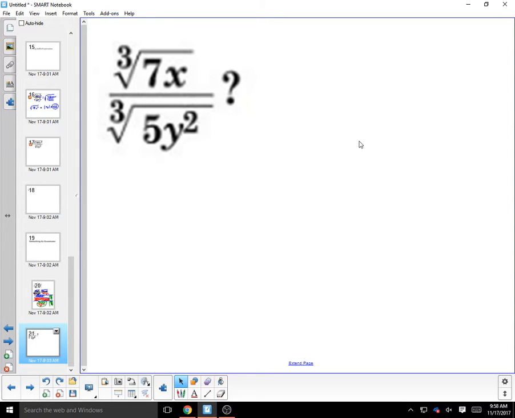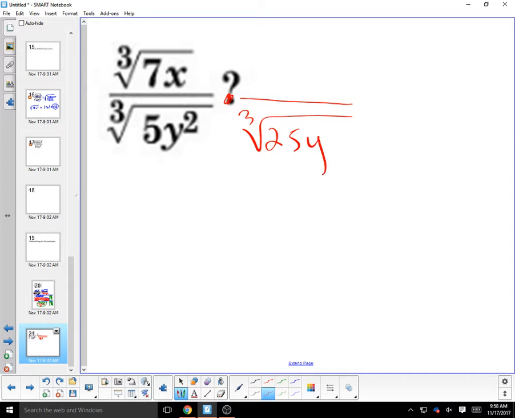All right. So for this one, you should be multiplying by the third root of 25y, right? So third root 25y. That means in my denominator, I'm going to get 5y.